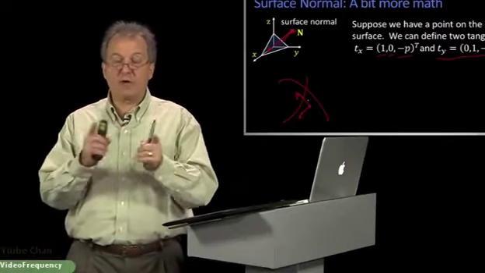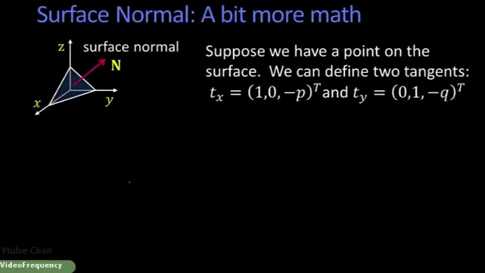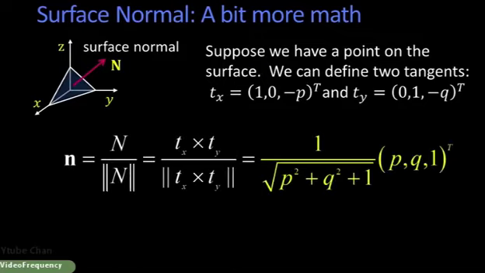So if I want to find the surface normal, that's easy to do. I just take the cross product of those two directions. By the way, I haven't made these vectors unit vectors or anything, they're just taking a step that goes one in the x direction and changes however much it does in z, same thing for y. So if I want a unit normal, I have to take tx cross ty. Remember the cross product of two vectors is perpendicular to both, right?